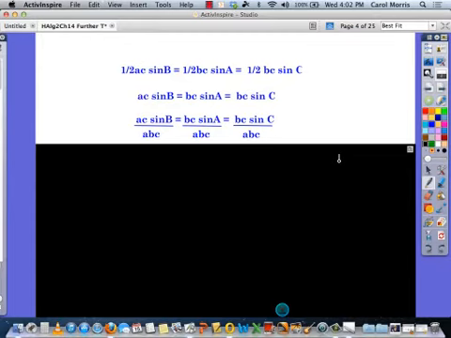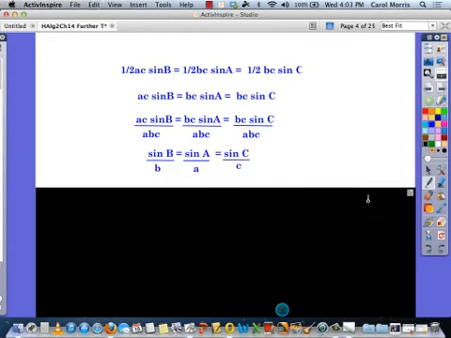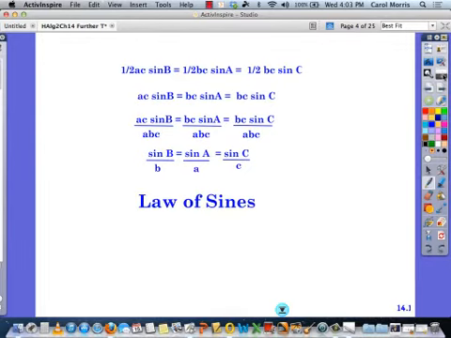ABC is just a number, and if I multiply the top and the bottom by that number, ABC over ABC is that fancy form of 1, you would get what remains here. And so we would have the sine of B over the side or edge B, the sine of angle A over side or edge A, and the sine of angle C over side or edge C. So that will be what we call the law of sines.